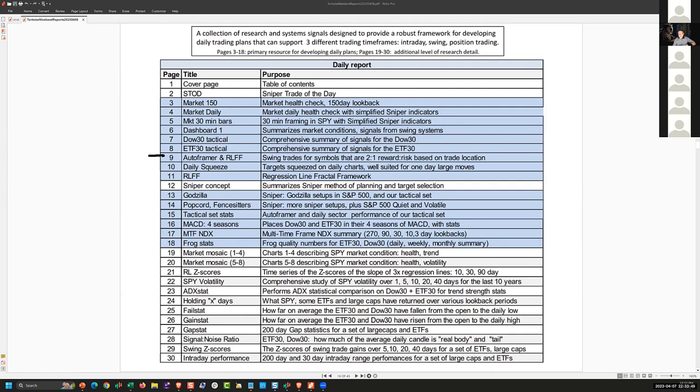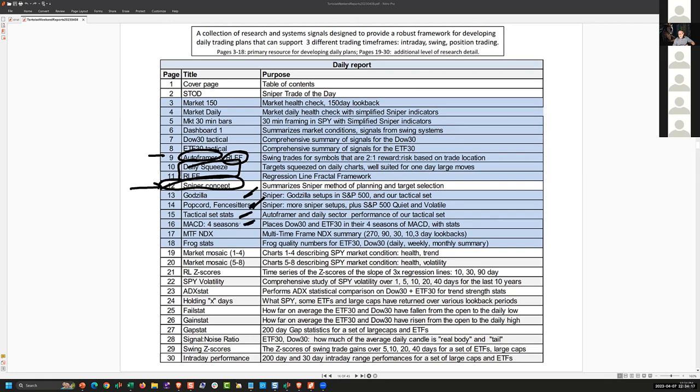So the auto framer I will cover, and then you saw me sort of hint at the RLFF already. And then I look at the daily squeeze and RLFF candidates. Page 12 is a summary of the sniper concept. And then there's some Godzillas and then some stats on the tactical trading set.